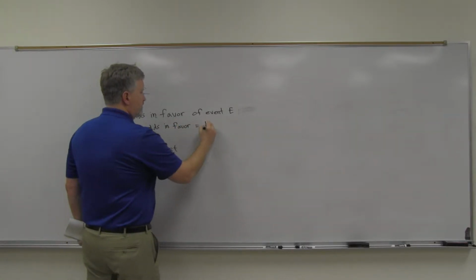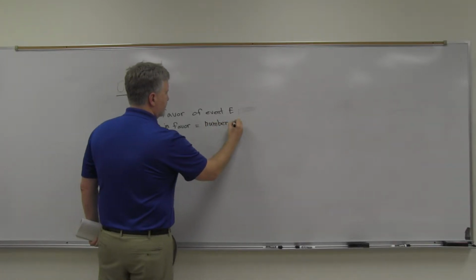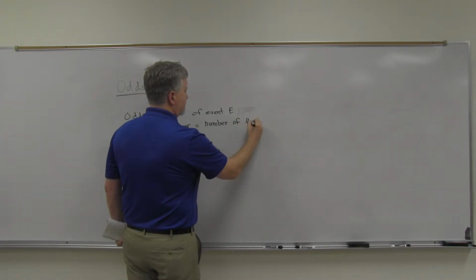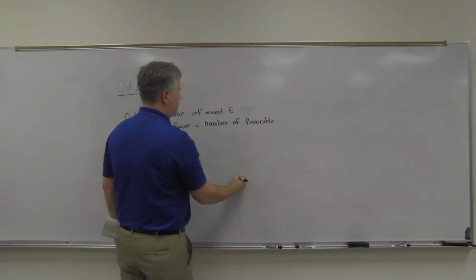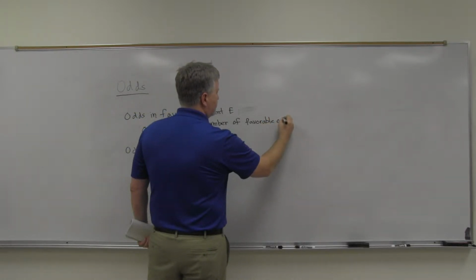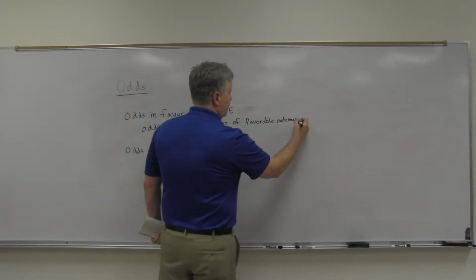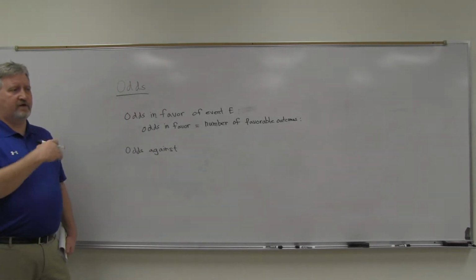That's going to equal the number of successes or favorable outcomes, which is more how they put it here. Favorable, same as successes. And it won't always be, but we're going to use it in this book anyway, a colon to separate the other number.